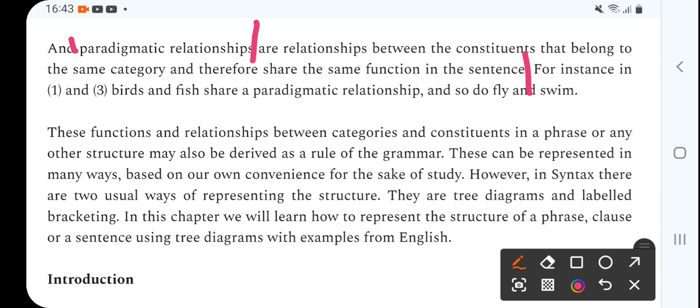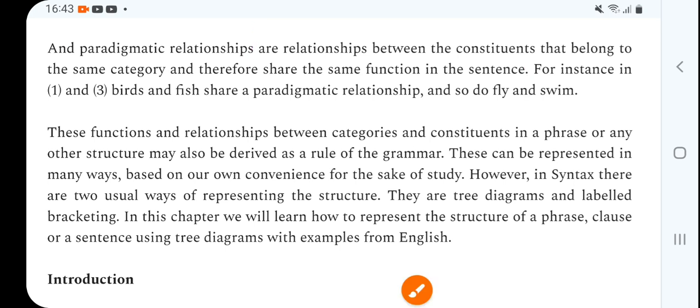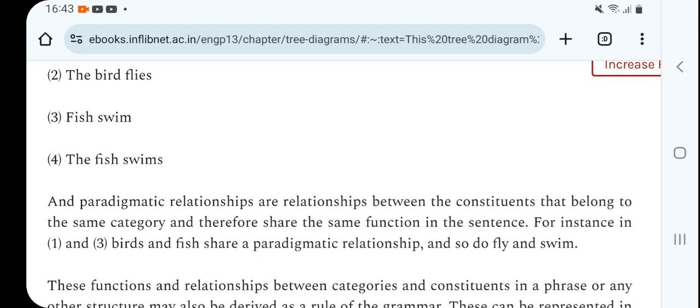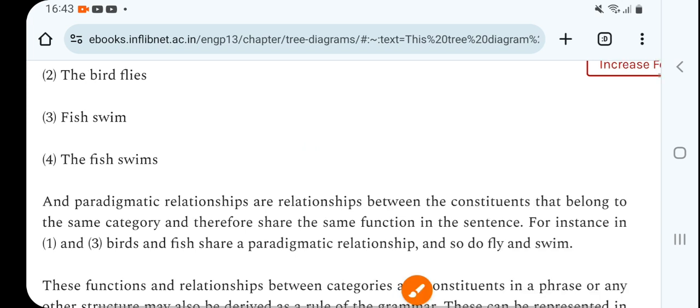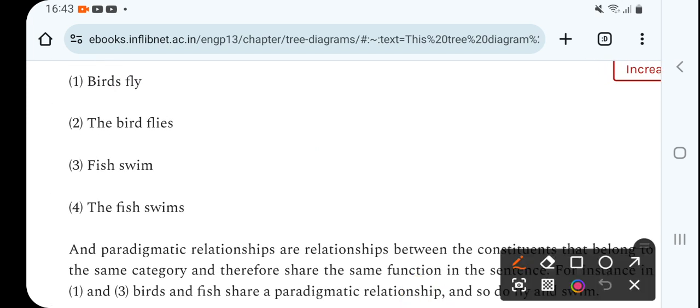This is paradigmatic, and syntagmatic is the other one.